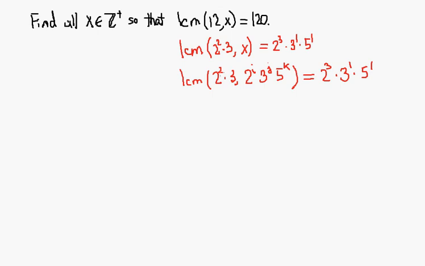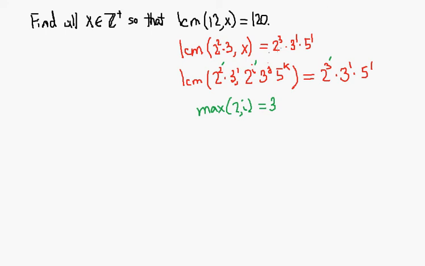So taking a look at the 2's, we know that the maximum of 2 and i has to be equal to 3. Looking at the exponents on the 2's, the biggest of the 2 and the i is going to be equal to 3. Going down the list, this is 3 to the first power on the 12 here.